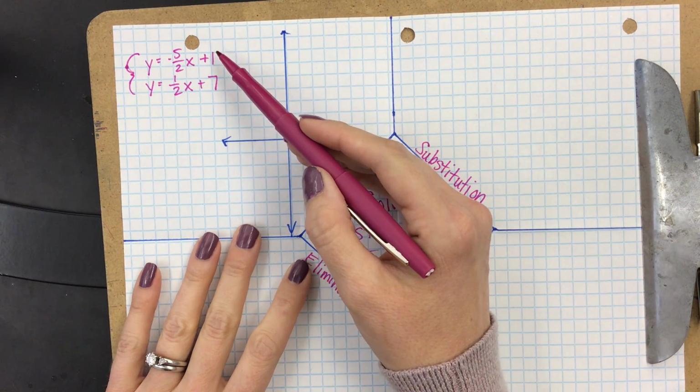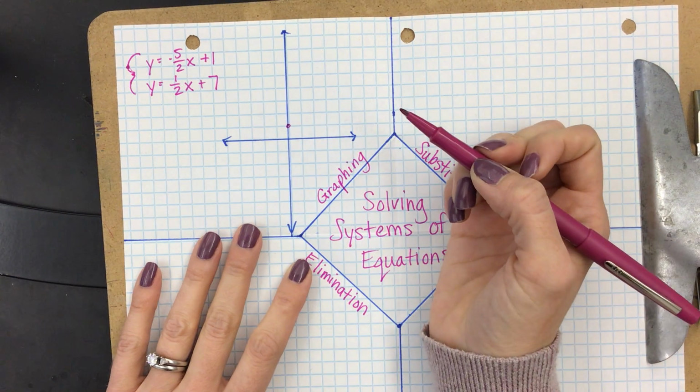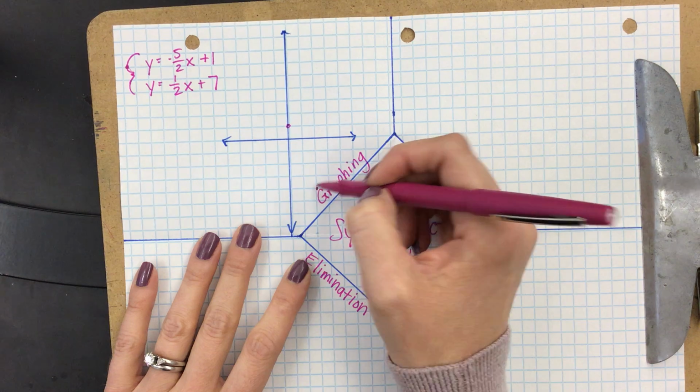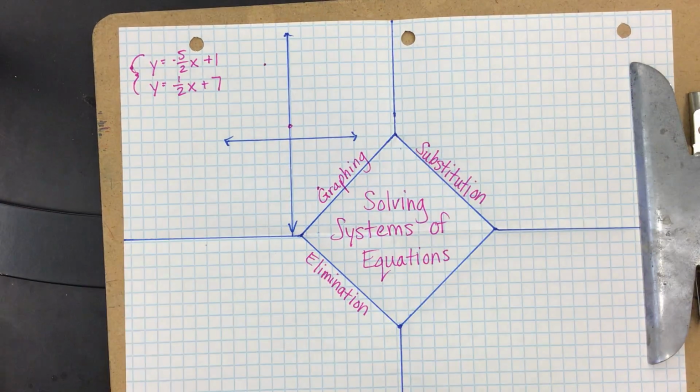Okay, so the y-intercept here is 1, and my slope is -5/2, so I'm going to go down 5 over 2. I'm going to plot a point the other direction too, so that it makes it easier to graph.